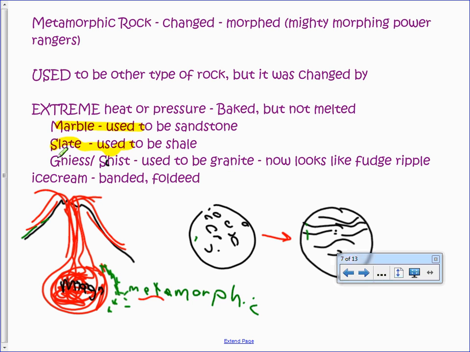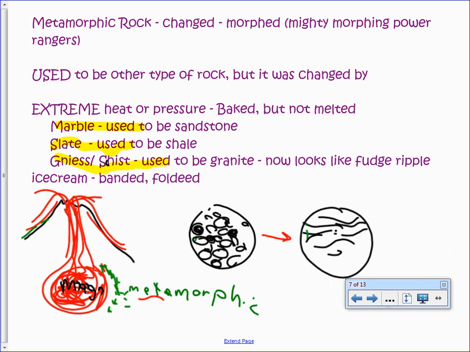And then gneiss or schist used to be granite, and I couldn't find my samples of this, but basically granite is going to look like this, right? With its different crystals. So your sample of granite looks like this. Then through extreme heat and pressure, it can actually be kind of crushed, and then it looks, I think, kind of like fudge ripple ice cream.